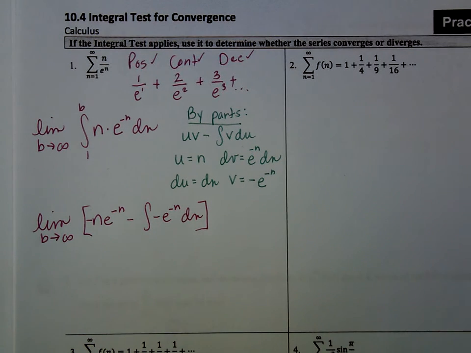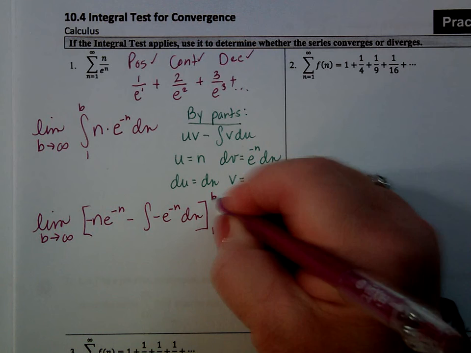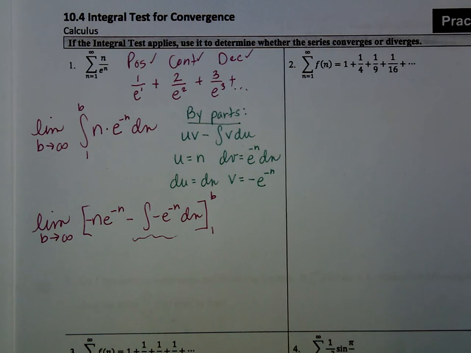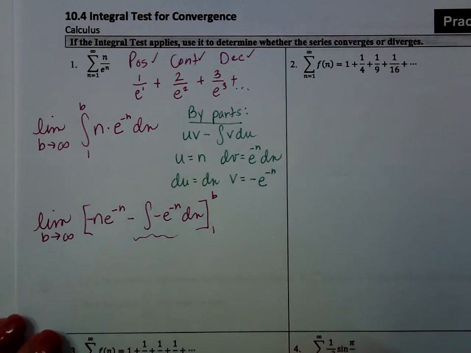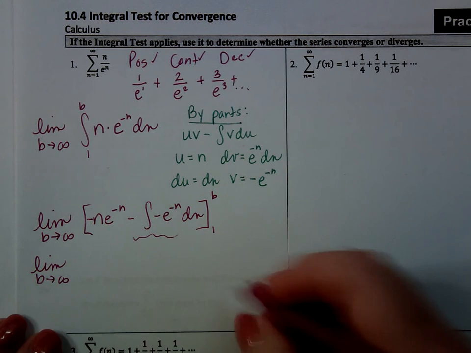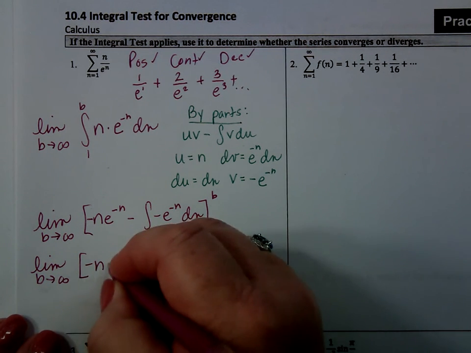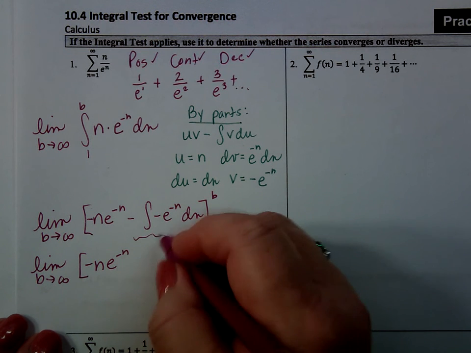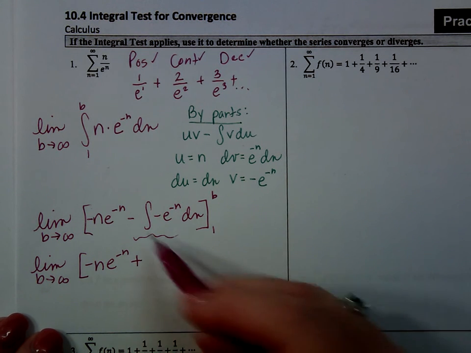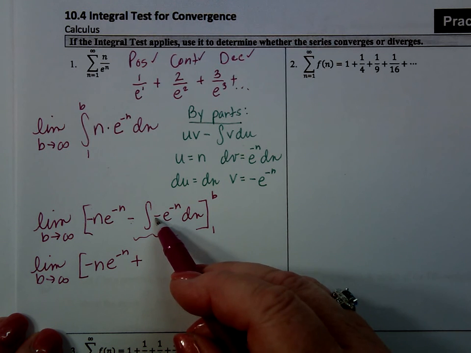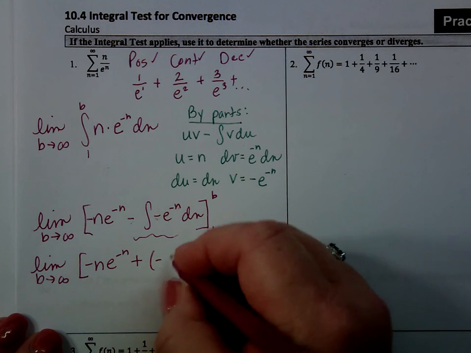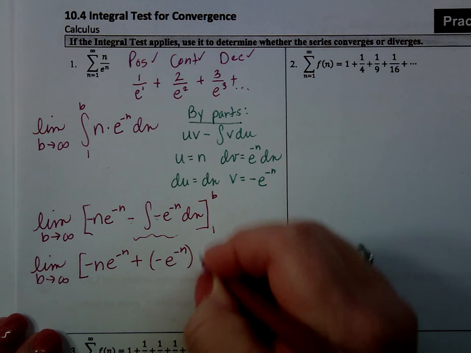Now that's going from 1 to b. But I've got to continue on. I've got to actually take the integral of this part right here to clean this up, so then I can have f of b minus f of a. So I've got the limit as b approaches infinity of negative n e to the negative n plus, this gets a little hairy, it's going to be plus because of these two, the integral of e to the negative n, which is a negative e to the negative n, going from 1 to b.